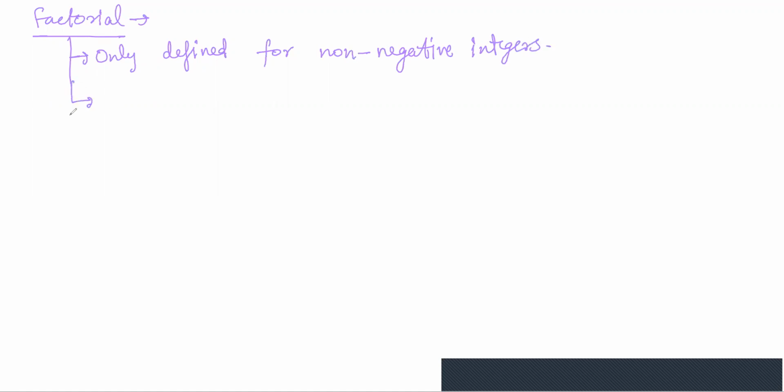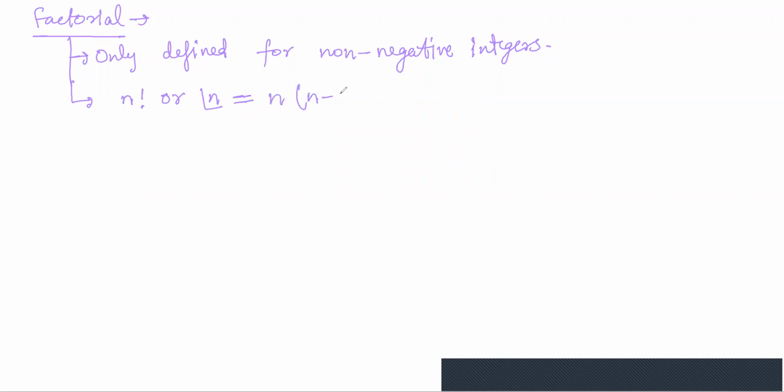How do you define factorial? You can write n factorial like this. So this is a symbol. This exclamation mark is the symbol for factorial. Or this symbol can also be used for factorial.